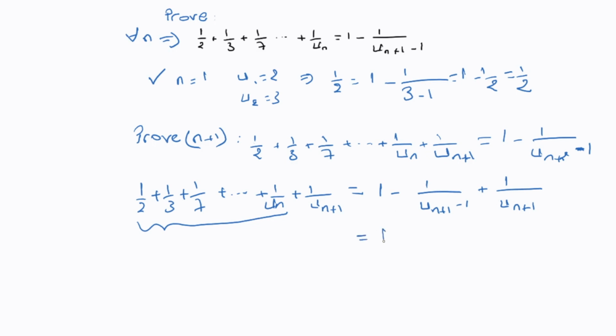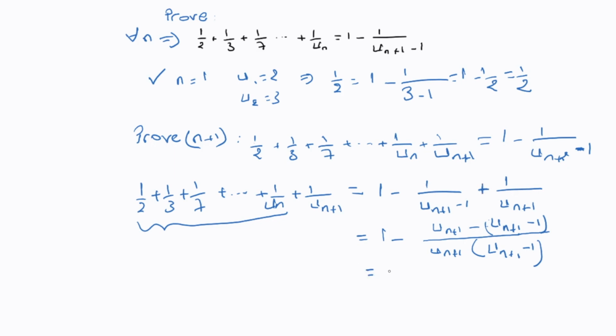So here this is equal to 1. If we put U(n plus 1) times U(n plus 1) minus 1, we'll have U(n plus 1) minus U(n plus 1) minus 1, because minus times minus is equal to plus, to positive.